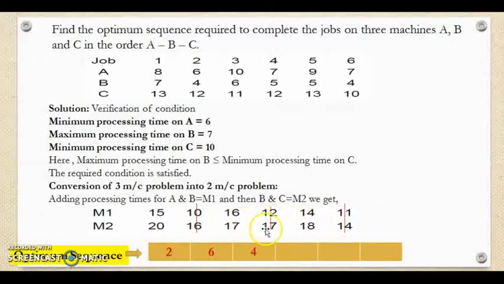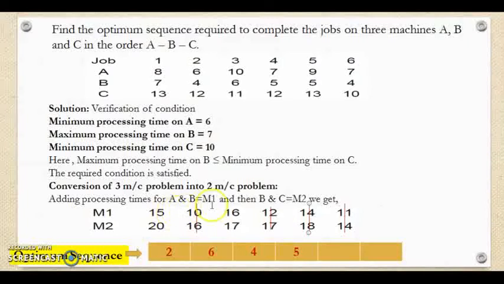Again, out of the remaining jobs, the next smallest processing time is 14, right? So let us make the sequence for job number 5, as it lies on machine M1, therefore it must be put first in the sequence. So I write here job number 5, and I will eliminate the processing times from further calculations.